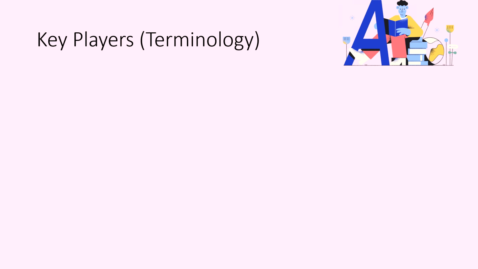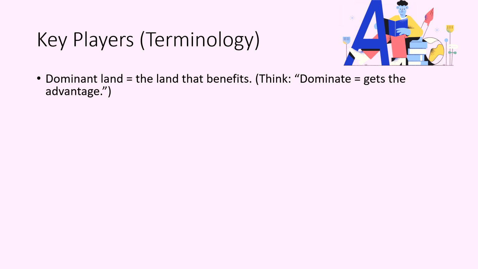Otherwise, you will really struggle to cope with, for example, the SBAQs that come up in your solicitor qualification exams. So the main thing is the distinction between dominant land and servient land.